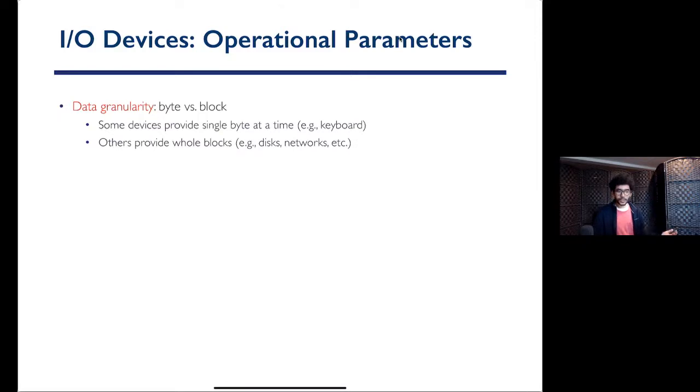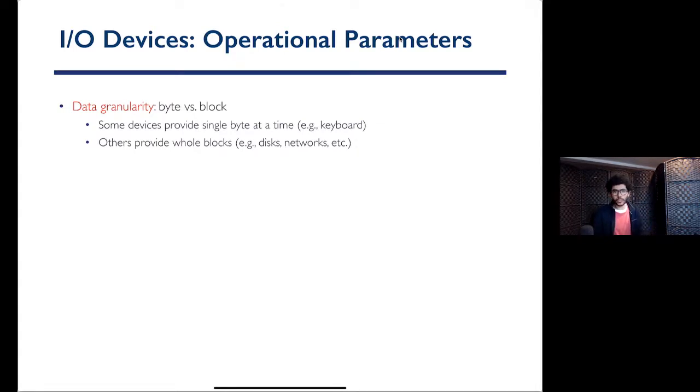Some other devices, you can read and write blocks. Now, what is a block? It will depend on that device. But for example, if you're working with your SSD or your disk, you don't read and write 1 byte. You usually read and write a sector, for example, or a block of data.